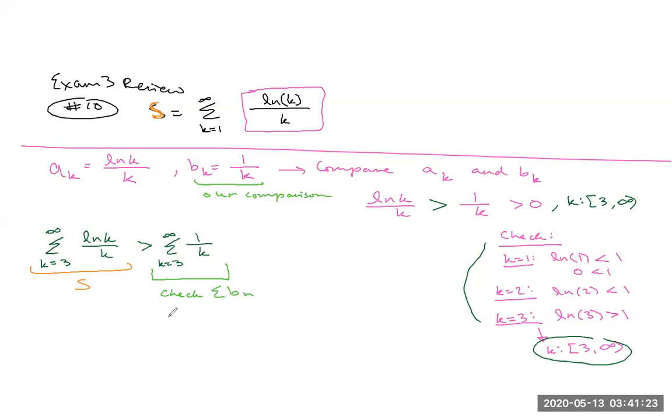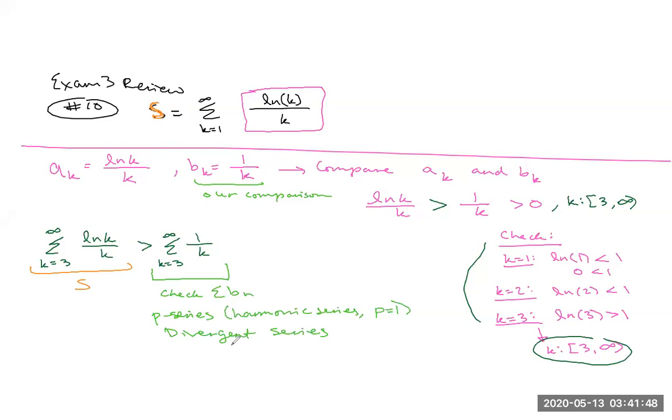Okay. So what we find here is that this summation is a P series. It's actually the harmonic series with P equaling 1. It's a divergent series. Does this help us in this case? Absolutely.